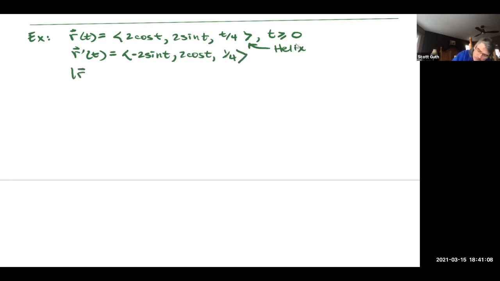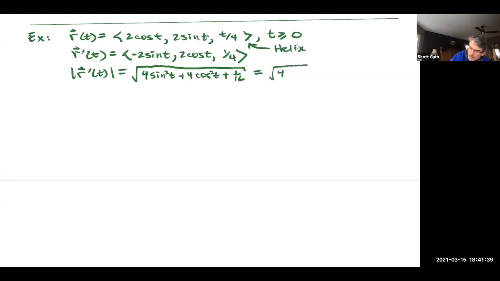Magnitude of r prime of t here, super easy. So you're going to get 4 sine squared t plus 4 cos squared t plus 1/16, right? So that'll just be the square root of 4 plus 1/16, which is square root of 17/16, I think.